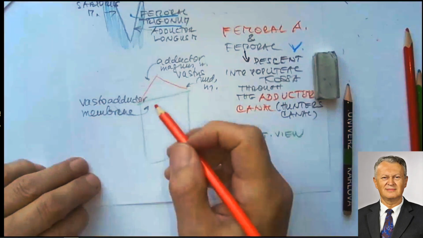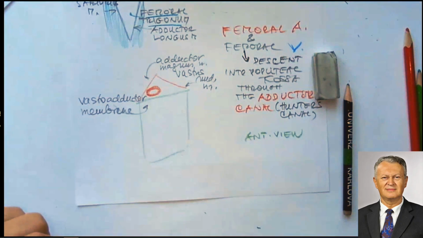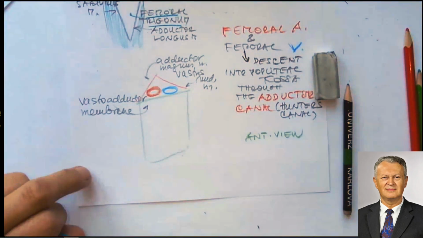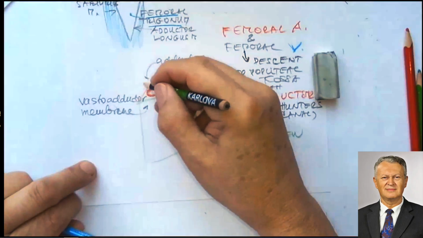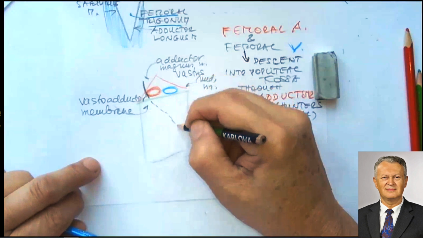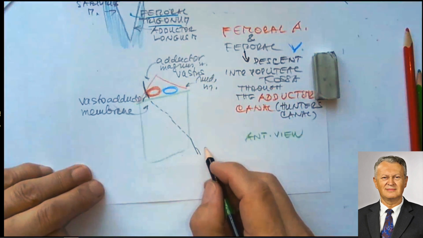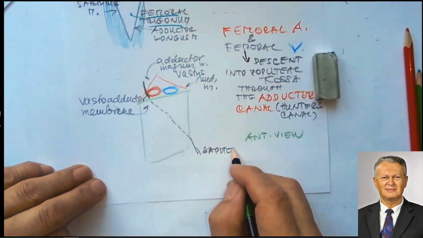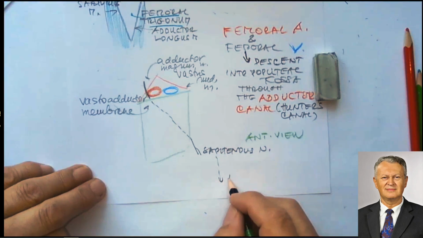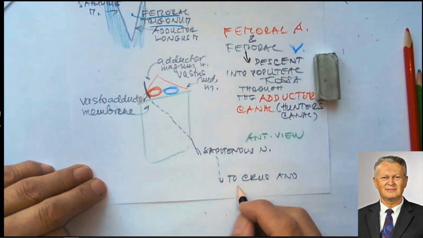Note please that always laterally descends the artery, always on the medial side is the vein, and finally dorsolaterally descends through the canal also the nerve, which finally leaves and is called the saphenous nerve, which descends to the crus and foot.